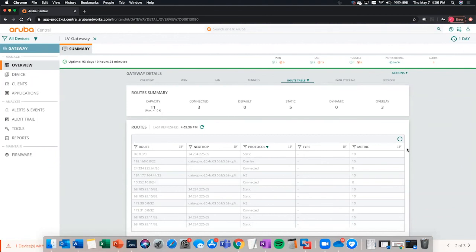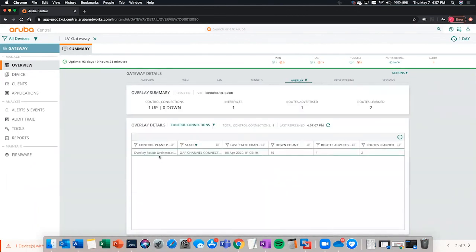So for the example of learning the routes at the branch and being able to redistribute them back to the VPNC, in some cases we've done these POCs, it required you to spin up a whole BGP instance and do all kinds of crazy routing. This, to be honest, is BGP under the covers, but the configuration couldn't be any simpler. You basically configure the subnets at your branches, and you tell it to redistribute over the overlay, which is what we've created here. Yeah, exactly. That's all done by the overlay route orchestrator. Yeah, it's literally like 2 clicks and you can have it all set up. It's really easy.